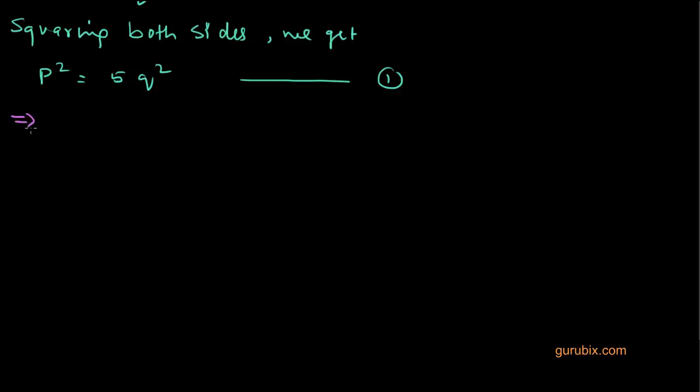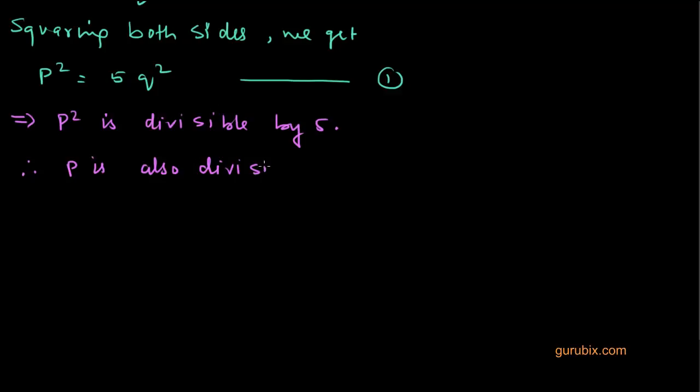This implies that p square is divisible by 5. Therefore, p is also divisible by 5.